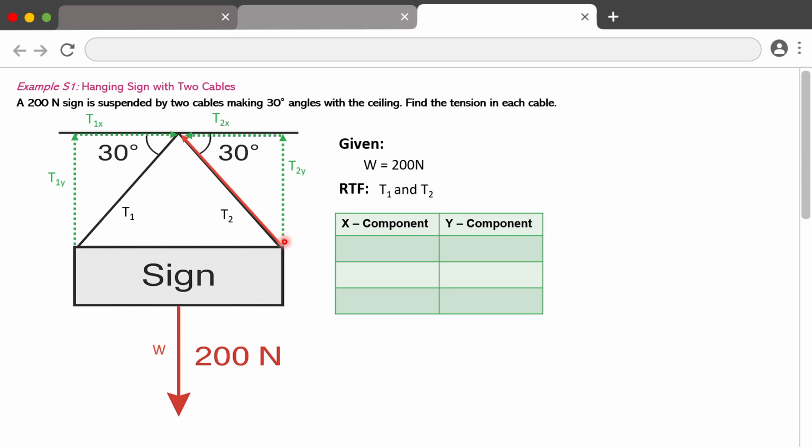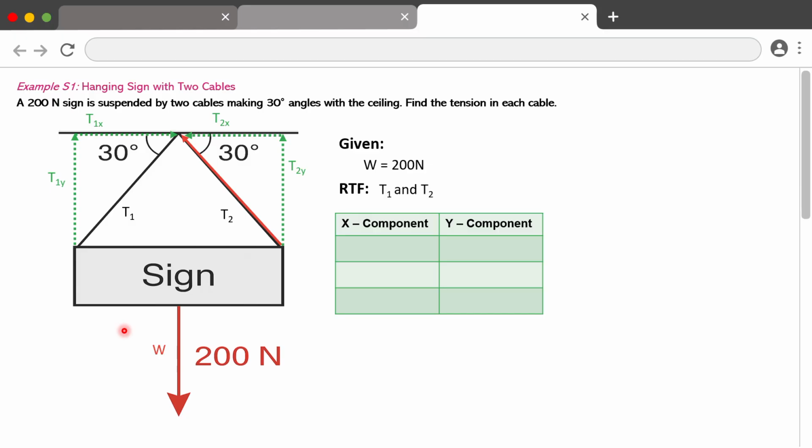T2y is going up, then T2x is going to the left. So these are the x and y components of both T1 and T2. Now, what is the other force that is being exerted on the sign? That is the weight, which the Earth exerts on the sign.